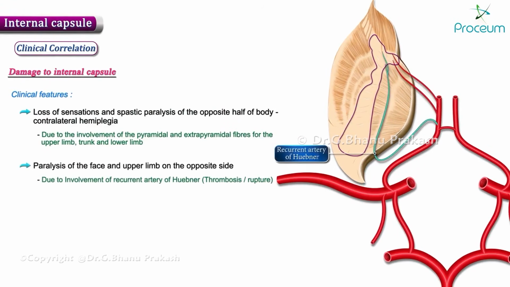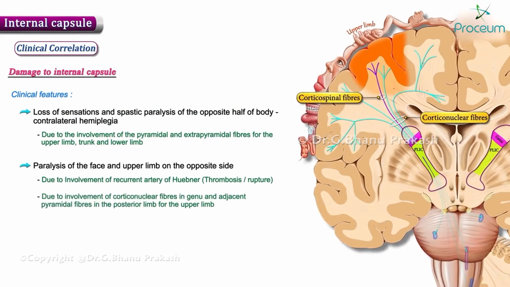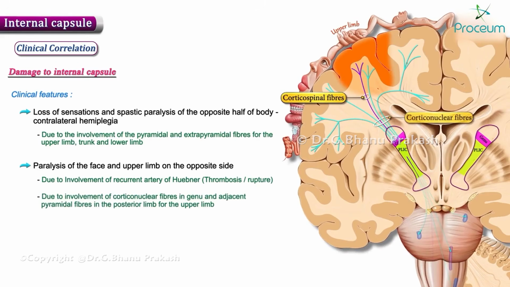Involvement of the recurrent artery of Hübner due to thrombosis or rupture results in paralysis of the face and upper limb on the opposite side because of the involvement of corticonuclear fibers in the genu and adjacent pyramidal fibers in the posterior limb for the upper limb.